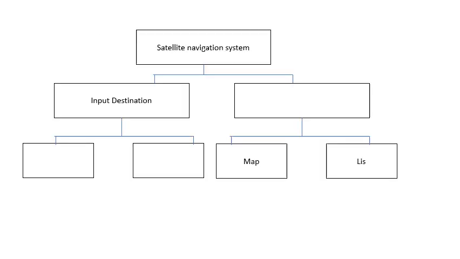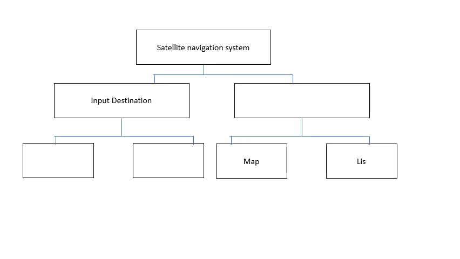For the input destination, we will input, from the question, the previously saved destination or the new destination. Here we will put the output direction. So the output direction has map and list.